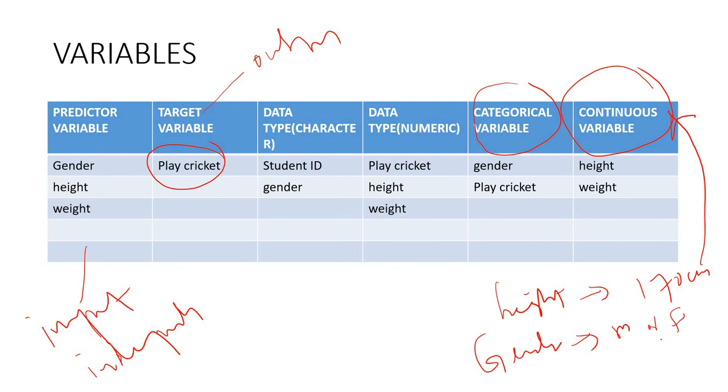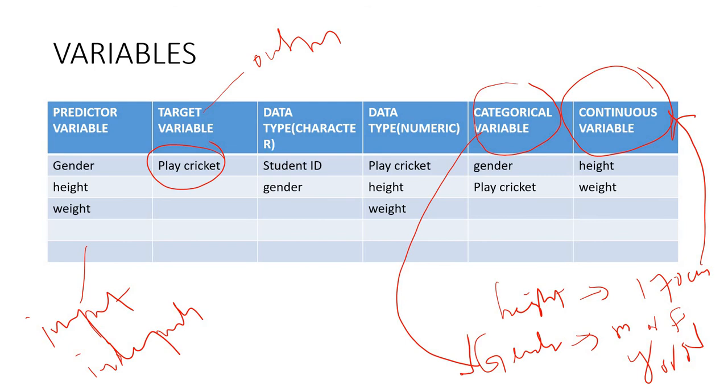There are only two options, male or female, or yes or no. If I ask whether you passed the examination or not, you can say yes or no. Such variables, male or female, yes or no, come under the categorical variable. So gender is a categorical variable. Whether you play cricket, the answer will be yes or no, so that's also a categorical variable.